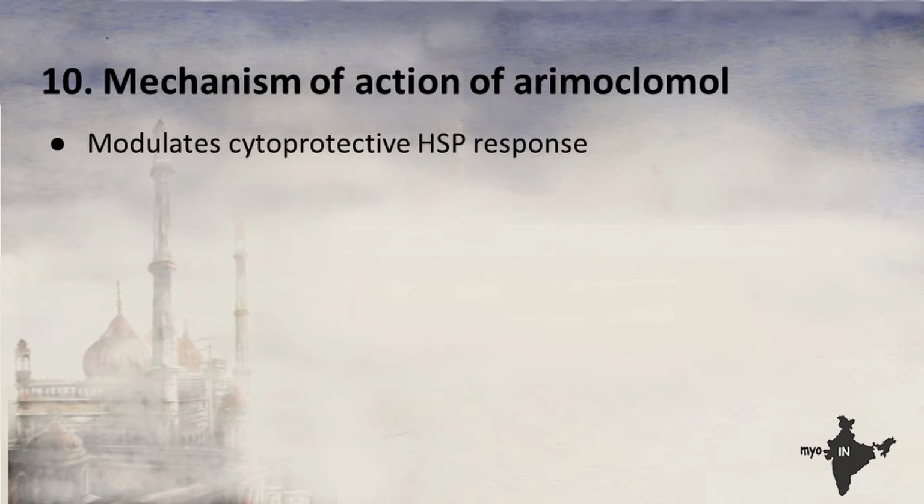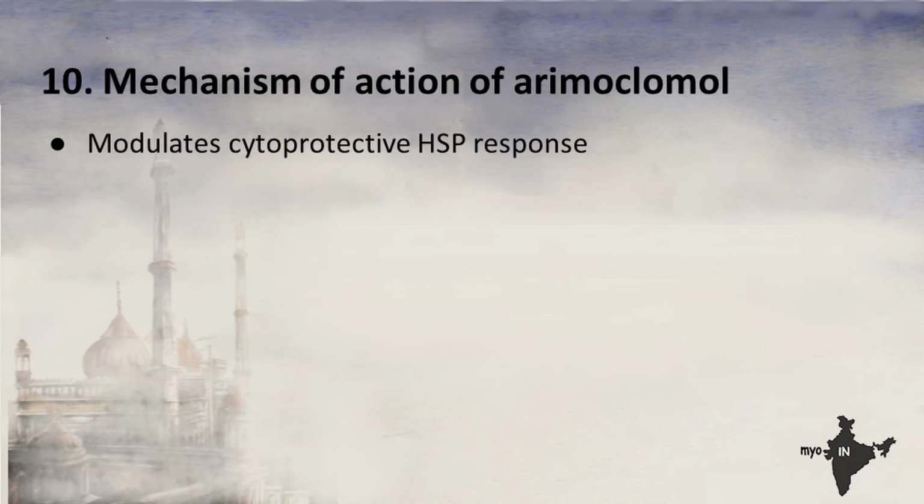Mechanism of action of arimoclomol, and in which type of myositis has this drug been explored? I think we go to Professor Chinoy, who will be the best person to tell about this. So now it's heat shock protein 70 upregulates, is it?